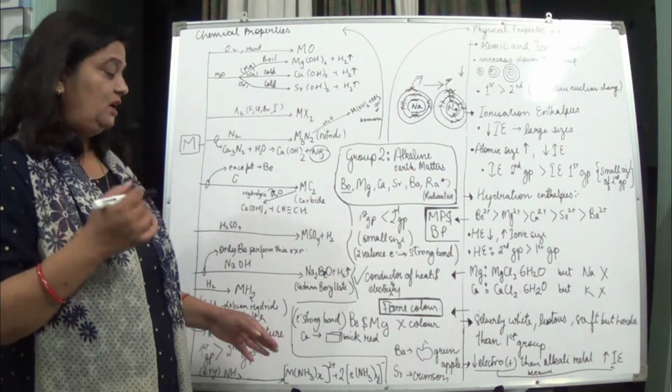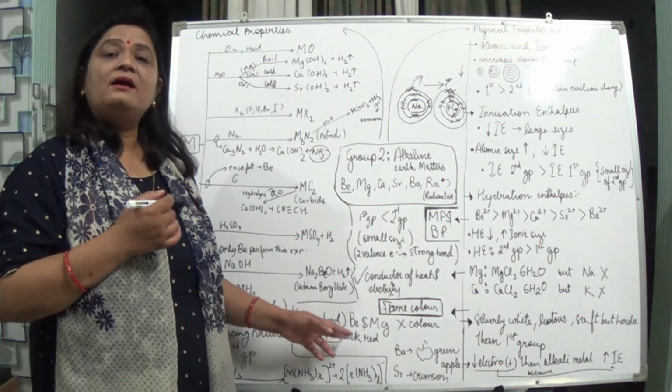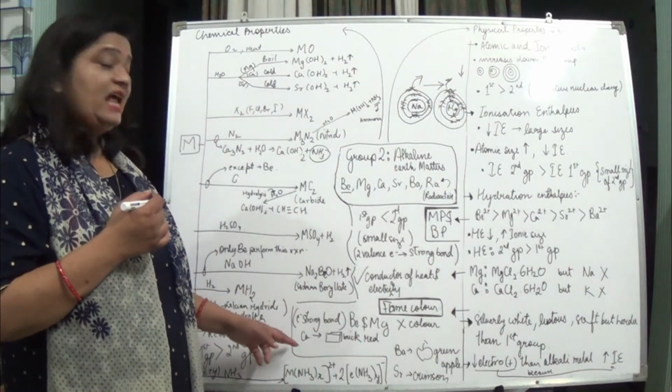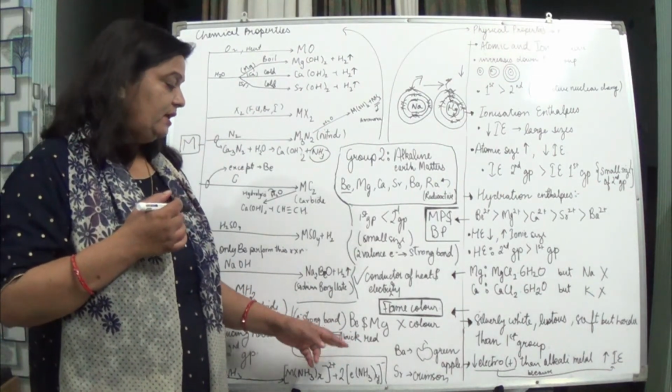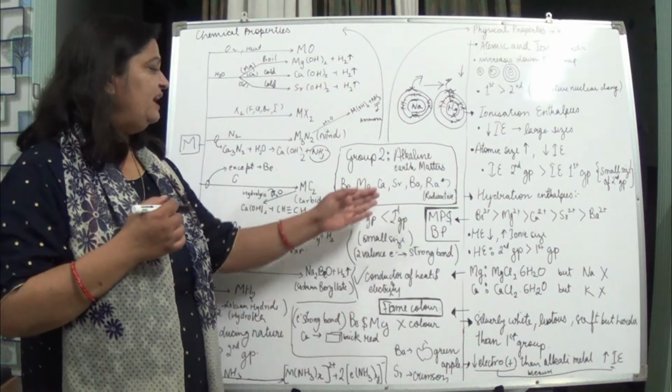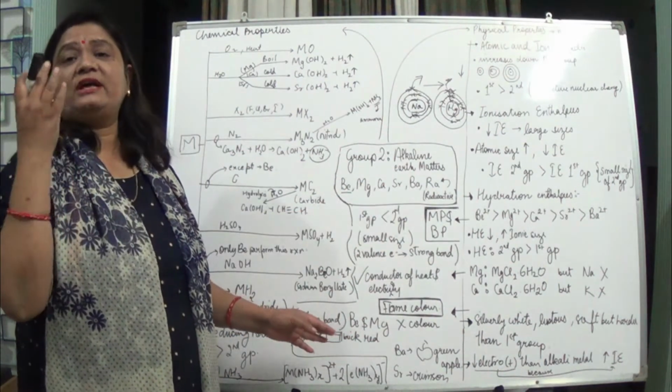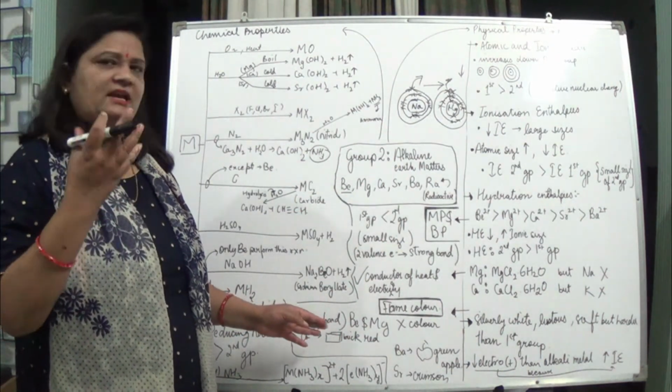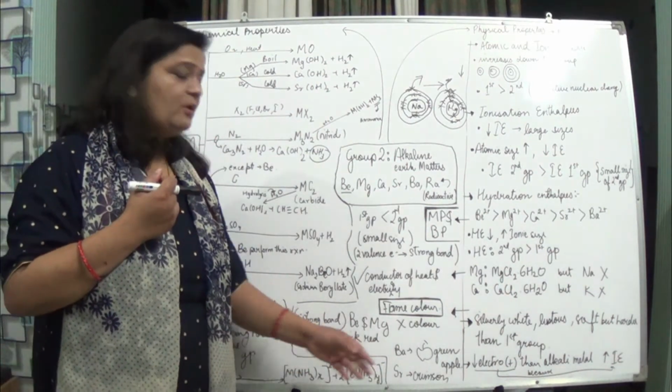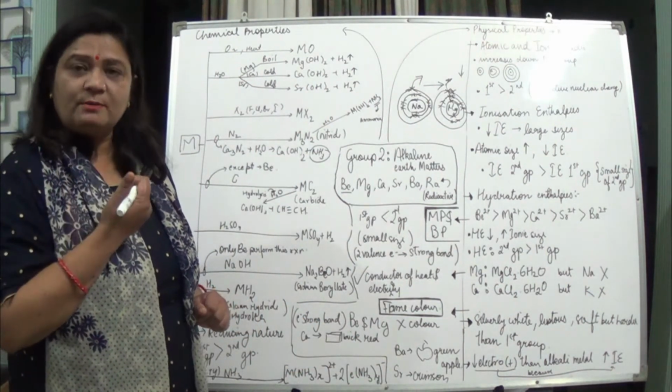That specific color is brick red. So calcium gives a brick red color. When we talk about barium, we see a very nice color, that of green apples, and a very clear color it is. Strontium gives a crimson color.